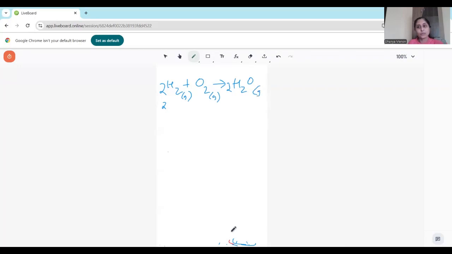So it's also in the gas form, right? So from the equation, we say two volumes. Stoichiometric coefficient is nothing but the balancing number that you're using. If no number is there next to it, we use it as 1, okay? We don't use 0 because 0 means that element is not there, okay? So 2 volumes of hydrogen is reacting with 1 volume of oxygen to give you 2 volumes of steam. I'll not take water, I'll use it as steam because that's the gaseous form, okay?